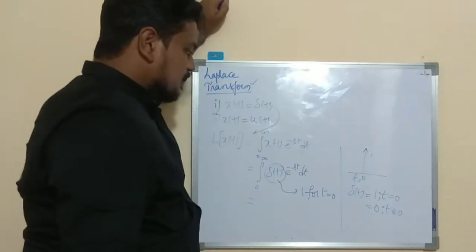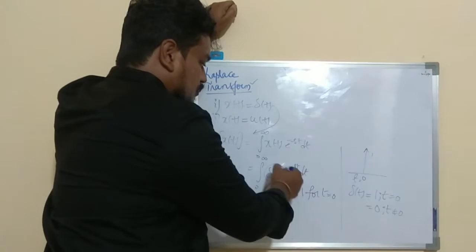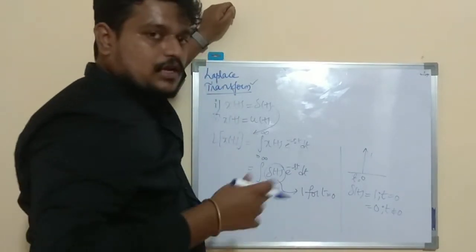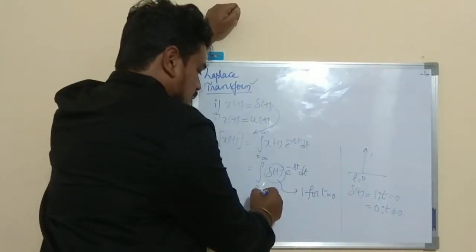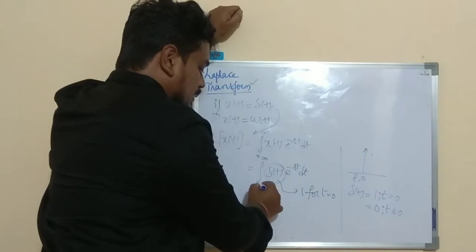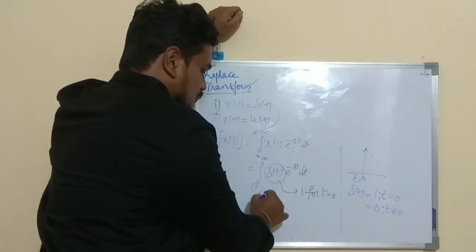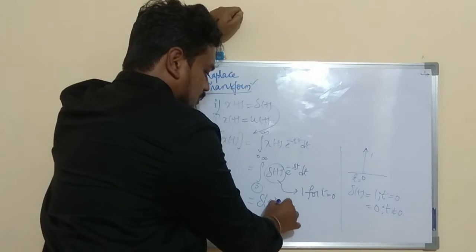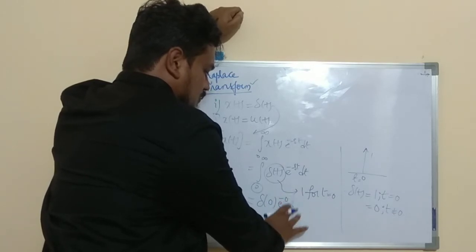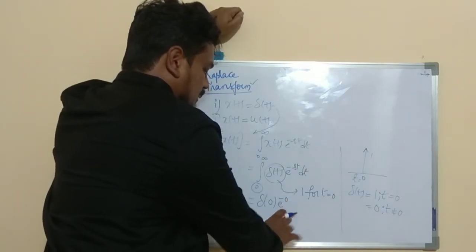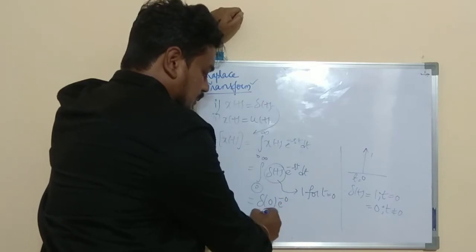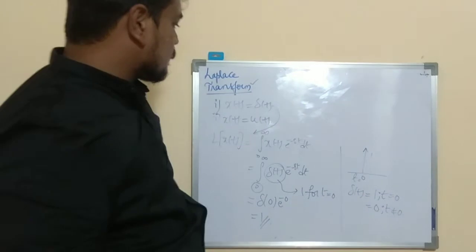So by this definition you have to substitute t equals 0 to get this as 1. Why? Because the other values are becoming 0, right? So of these limits I am taking only time t equals 0. So delta of 0 into e power minus 0. Even if you integrate, you will get this only. So this becomes 1.